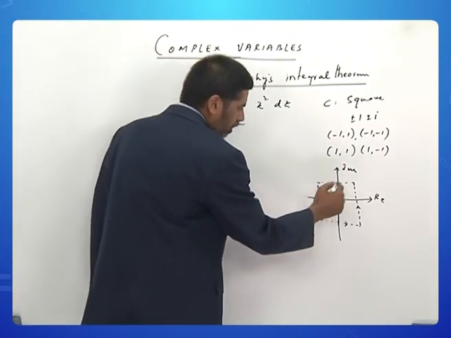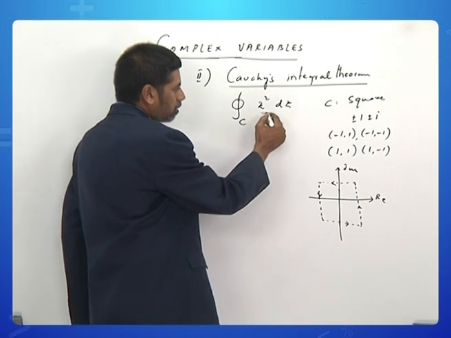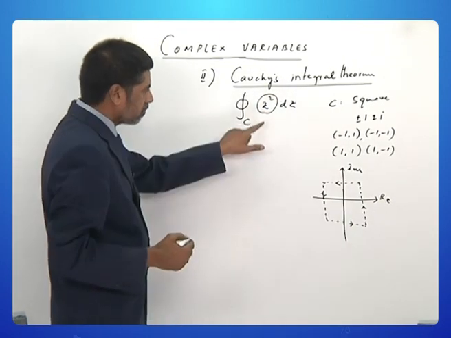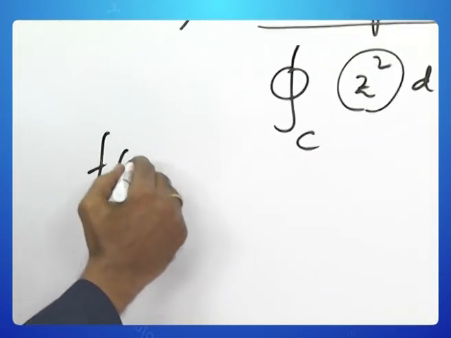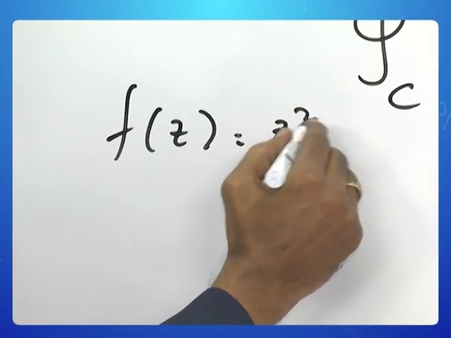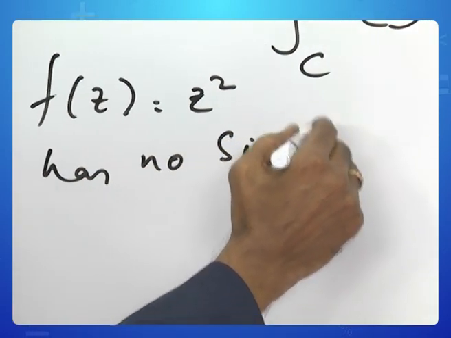So let us see what is the nature of this function with respect to this contour. If you look at f of z equal to z squared, this has no singularities.